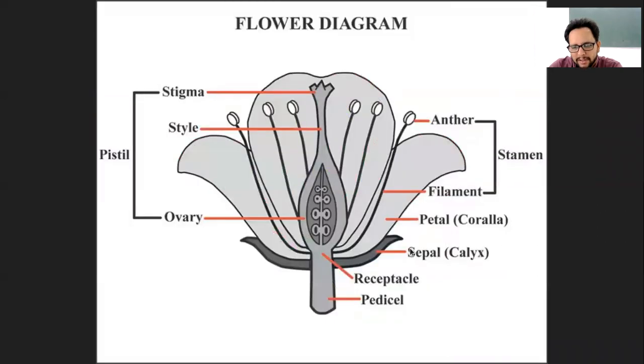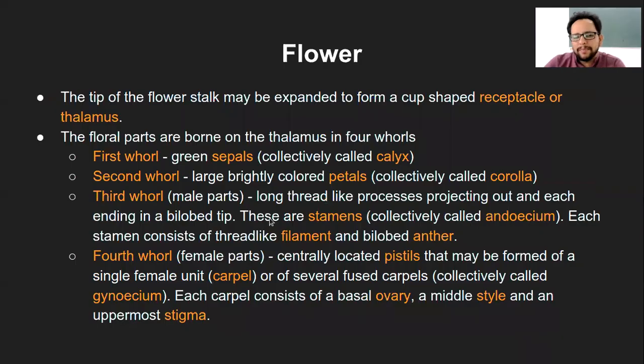That is called the receptacle. Even in this case, it is slightly enlarged compared to the pedicel part. So that portion is called the receptacle or thalamus, and it is a cup-shaped structure in the flower. It is where the ovaries usually rest, or from which the petals, the colorful part of the flower, start.